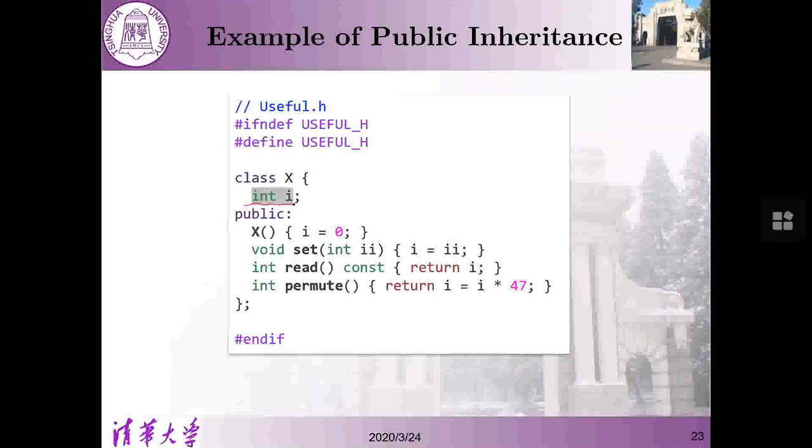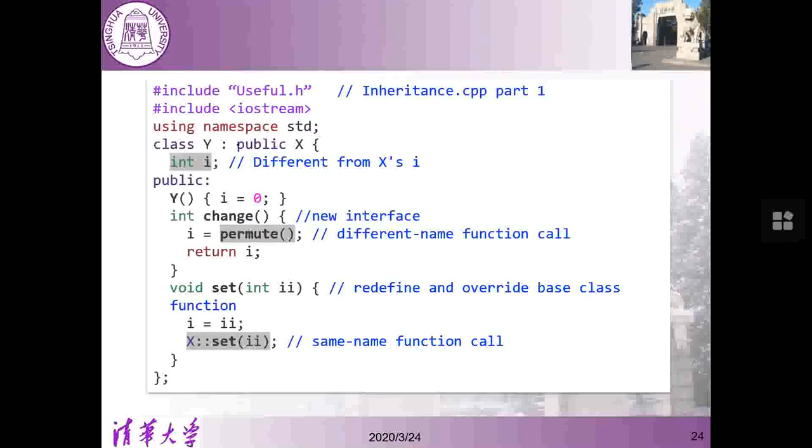From this example, you can see here we have the private member I, and then in the derived class with public inheritance, we have another I. Actually, there are two variables I in the base and the derived class. So in this class, we have two variables named I. One is Xi, another one is Yi, right?